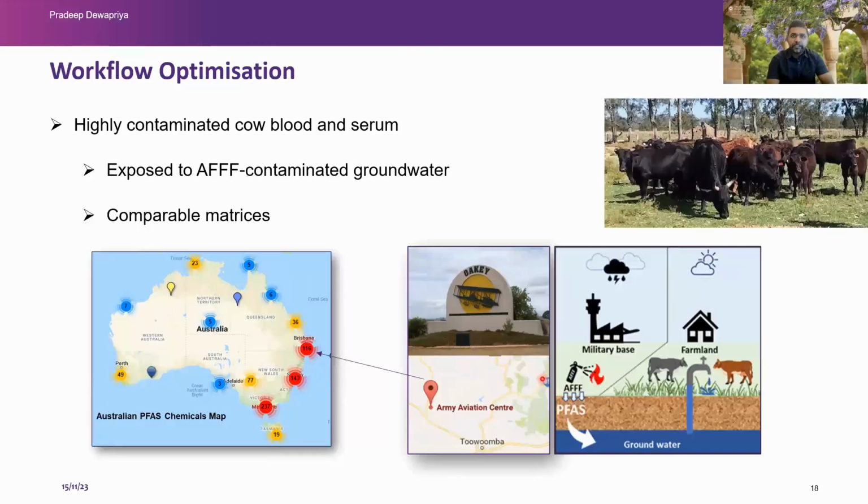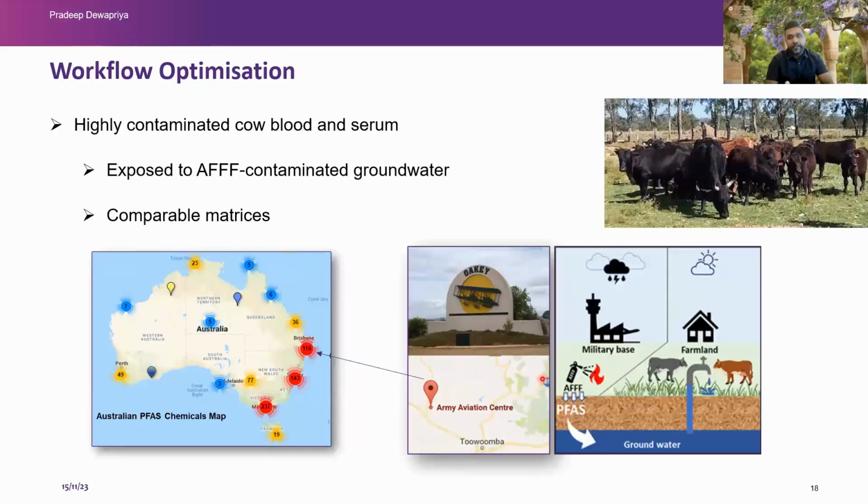These samples were collected from one of the AFFF contaminated sites near Brisbane. This contamination site is next to a military aviation center, and reports have shown that AFFF-containing foams have been used in this center for a long time.